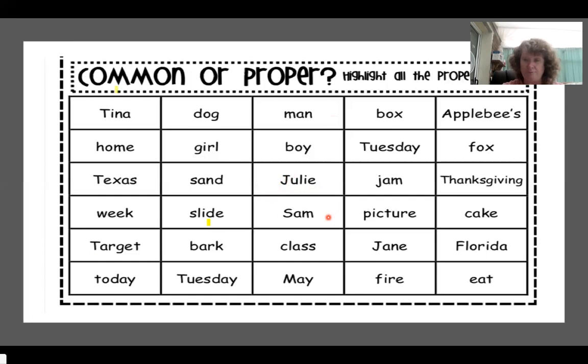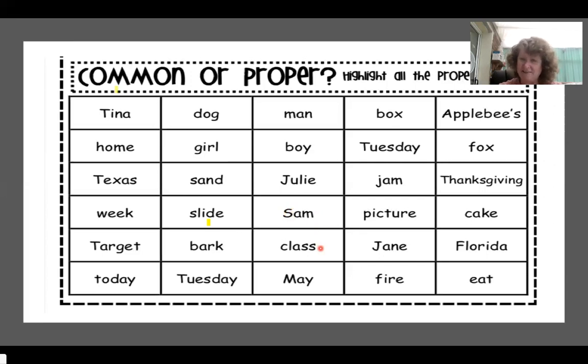What about Sam? Yes, Sam. Sam is the name of a person. It could be Samantha, or it could be Samuel. It could be a boy or a girl, but it is the name of a person. And yes, you're right, it has a capital at the beginning.